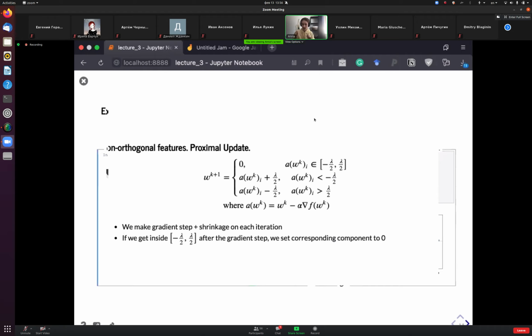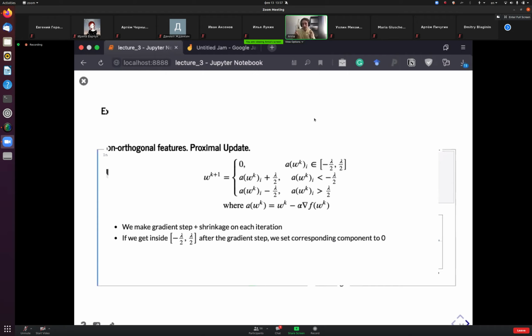If after this step the value of A of WK is close to 0, so it lies within this region from minus lambda divided by 2 to plus lambda divided by 2, then we zero out. So in this gradient step, this coefficient goes exactly to 0. If after the step we don't go inside this small region around 0, then we shrink the coefficient.